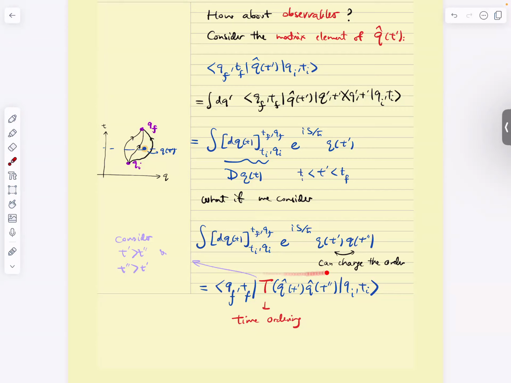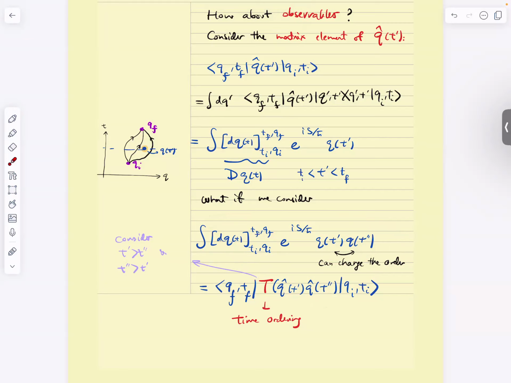So what is this capturing? Well, this is a problem for you to figure out. Do it as a homework problem. You will see that this path integral automatically represents the time ordered operator. The matrix element is the time ordered operator. Hence the name Feynman propagator. Remember, what was a Feynman propagator?